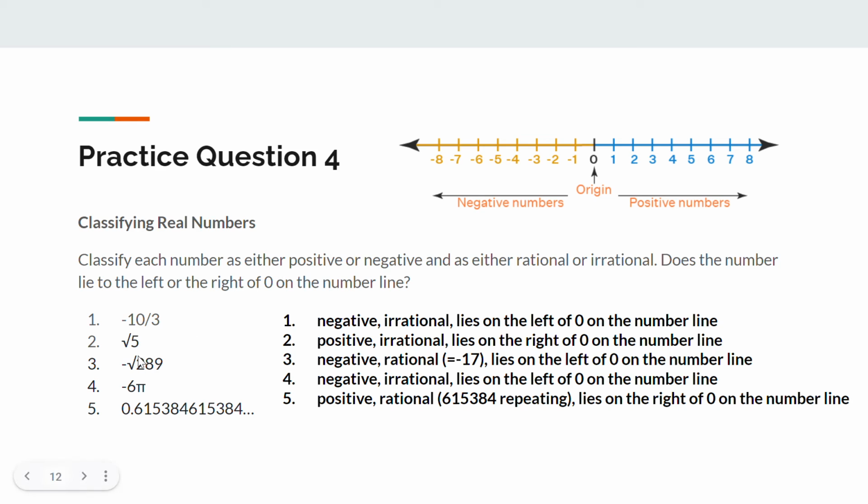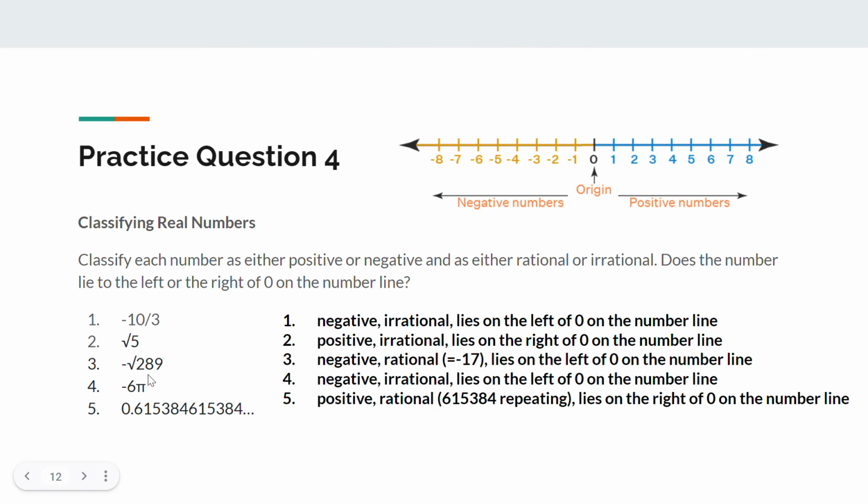And the third one, we have negative square root of 289. It's negative, and it's also rational, since when you calculate that, you get negative 17, and it lies somewhere over here, to the left of 0 on the number line.